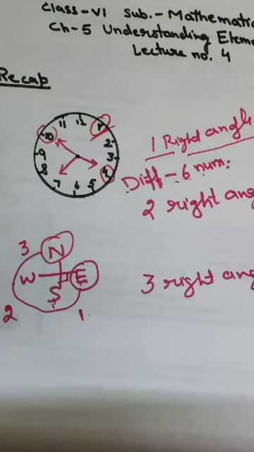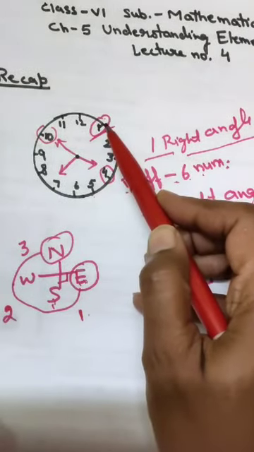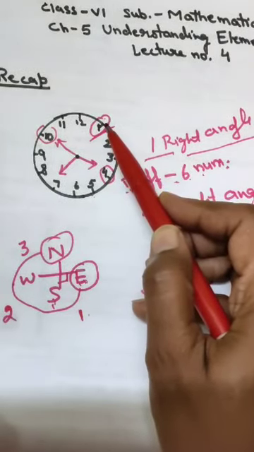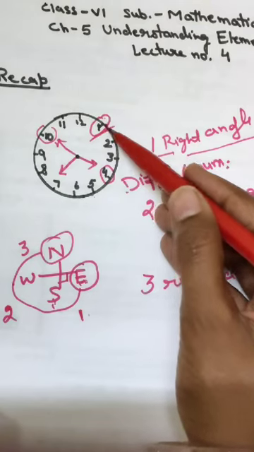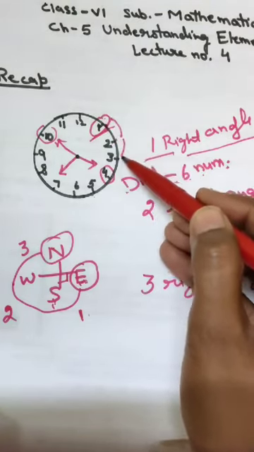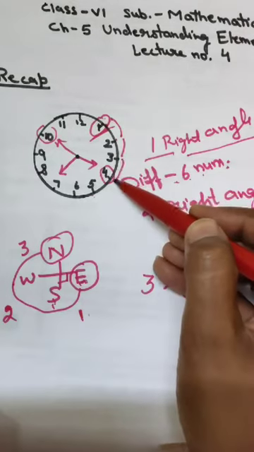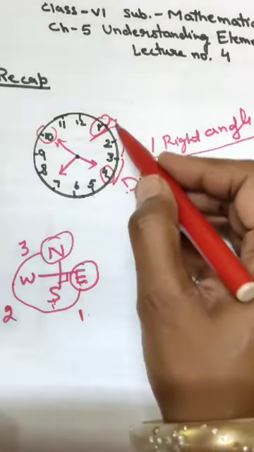So if our hand is at 1 and it is asked that if it makes 2 right angles, where will it stop? That means start from 1. From 1 to 2, 1 number, 2 to 3, 2, and 3 to 4, 3. Up to 4 it is making one right angle.